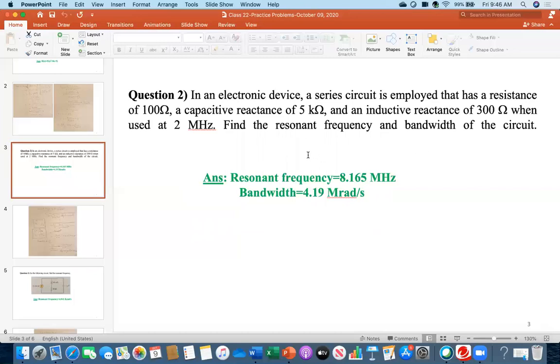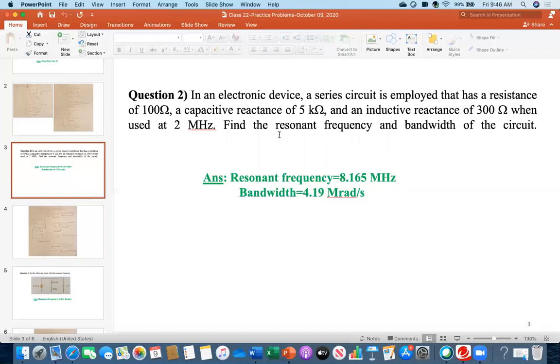First, you see the resonant frequency, everybody knows that omega naught is 1 over root over LC, right? You might not directly find the value of C and L, but inside the equation 1 over root over LC, you need the values of L and C.